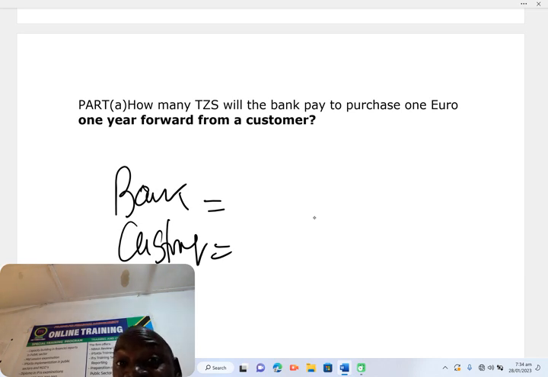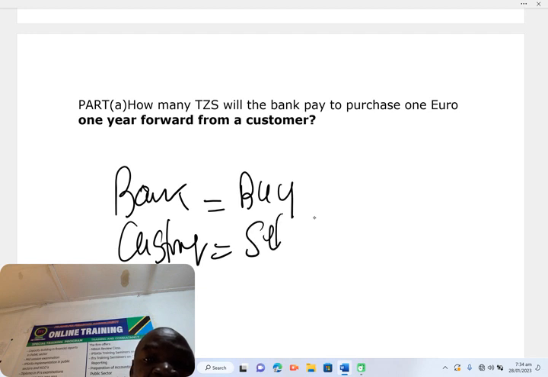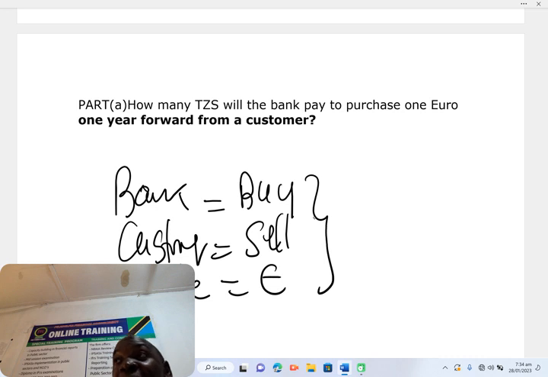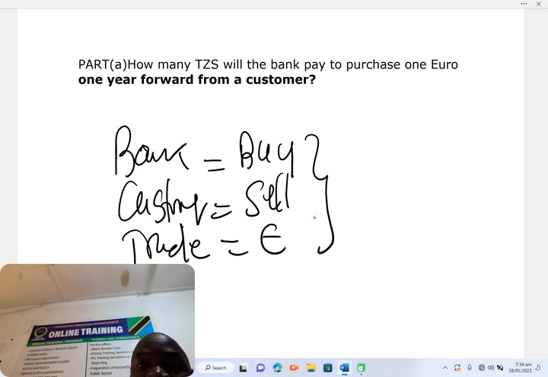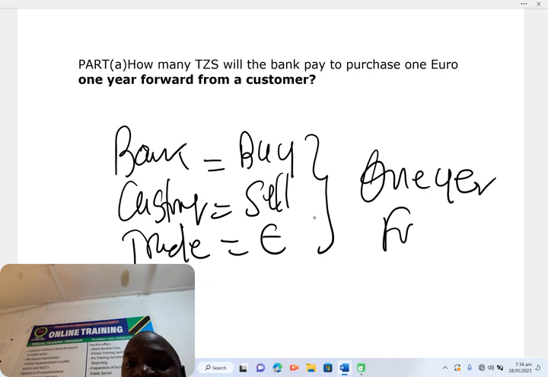So a bank is paying to purchase. So a bank is buying, meaning a customer must be selling. In this transaction, the trade is in euro. Do you see what I'm saying? And the type of market is 1 year forward.